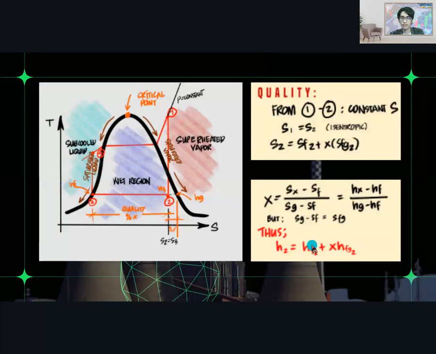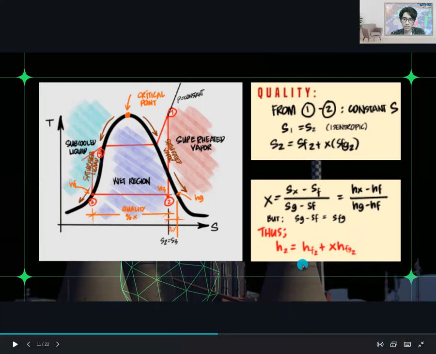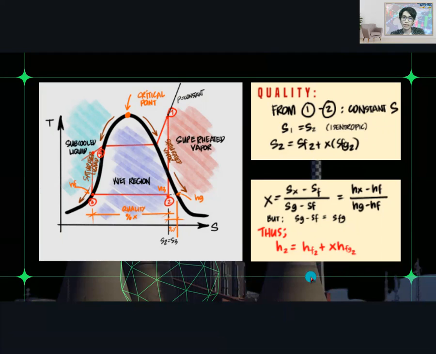But the entropy of the saturated vapor minus the entropy of the saturated liquid is equal to the entropy of evaporation. Thus, the enthalpy is equal to the enthalpy of saturated liquid plus X times the enthalpy of evaporation.